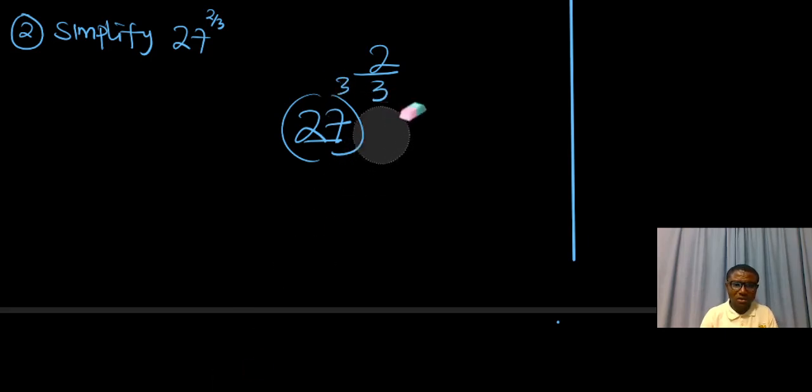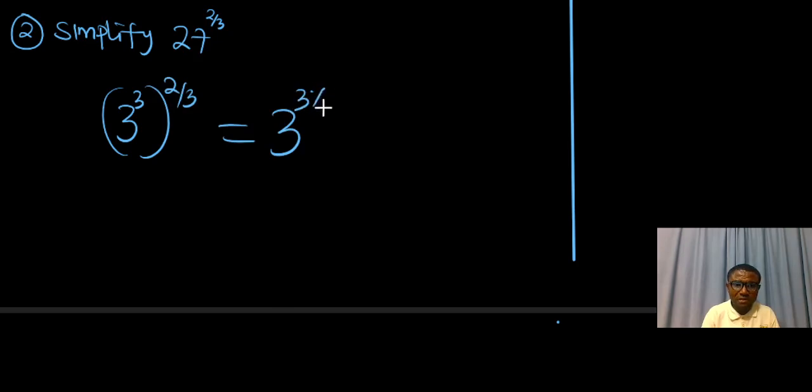Since we are having 2 over 3 as a power, and we're having 27 here, we can rewrite 27 in such a way that a number will be raised to the power of 3 to give 27. The essence of doing this is to make sure that this 3 will correspond to the 3 so that we cancel out. That's another way of doing it.